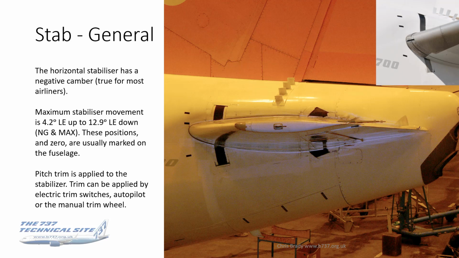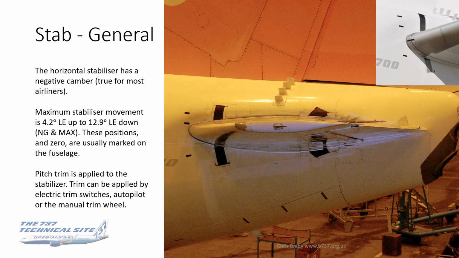The maximum stabiliser movement, and these are the figures for the NG and the Max, are 4.2 degrees leading edge up to 12.9 degrees leading edge down. They're only less than a degree of difference on the other generations, so they're approximately right for all 737s.